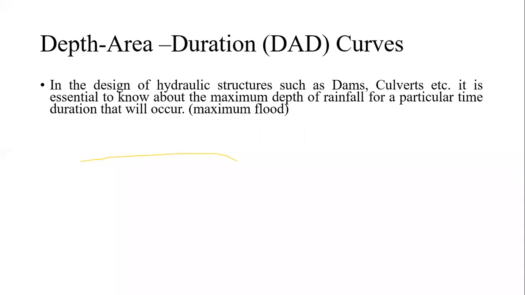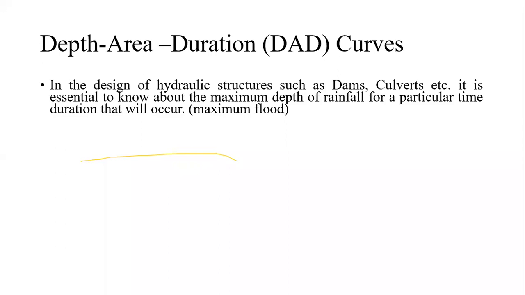As I have explained in the previous part also, for a particular storm there is a variation in its intensity. If the rainfall has lasted for, say, 4 hours, we observe that for the first hour its intensity was high, then for the second hour it's medium, then less, and again increasing or decreasing in order.